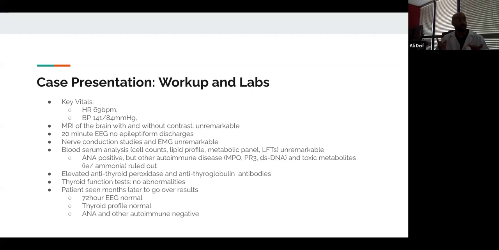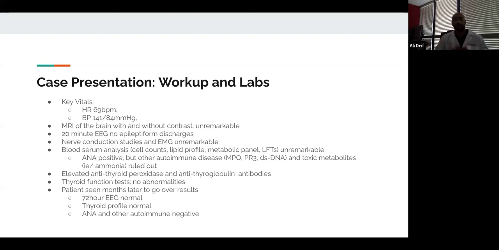Most importantly, she had elevated antithyroid peroxidase and antithyroglobulin antibodies. However, her thyroid function tests showed no abnormalities. All of her values were within normal range, coming back to the idea of her being euthyroid.